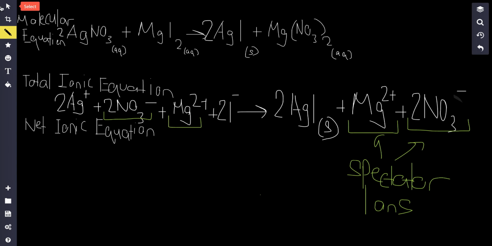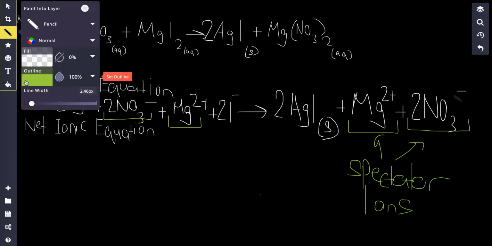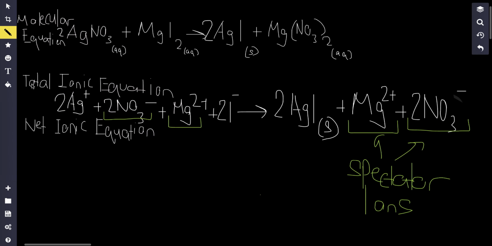What we can do is write out the net ionic equation. The net ionic equation is just the total ionic equation, except you get rid of these spectator ions. So the things I marked in green are the spectator ions, and the things I circled in white are what's actually happening.